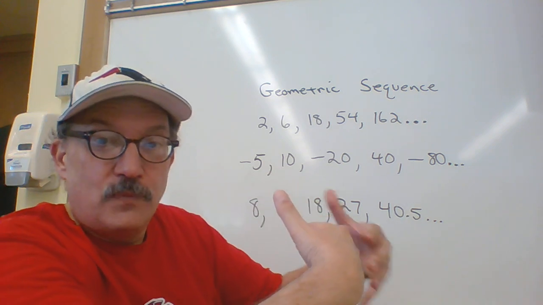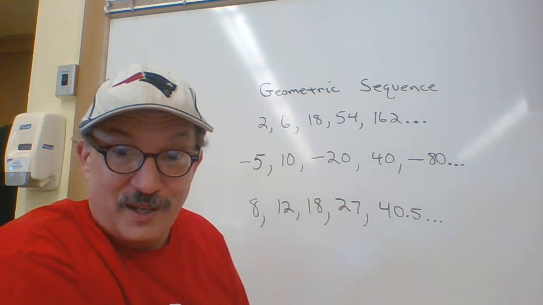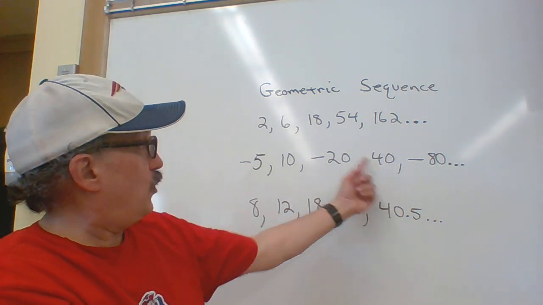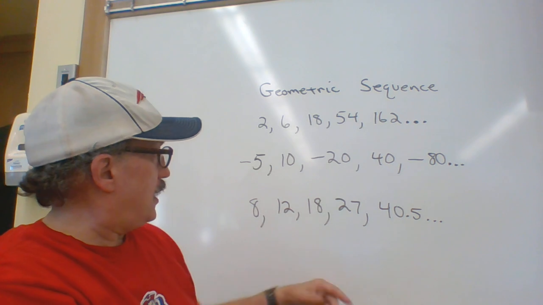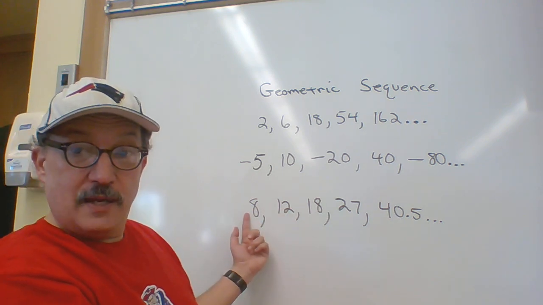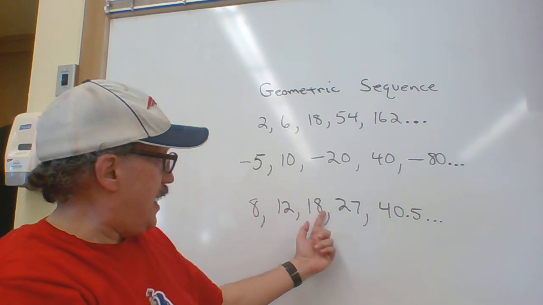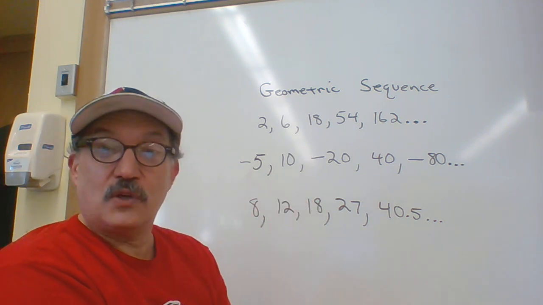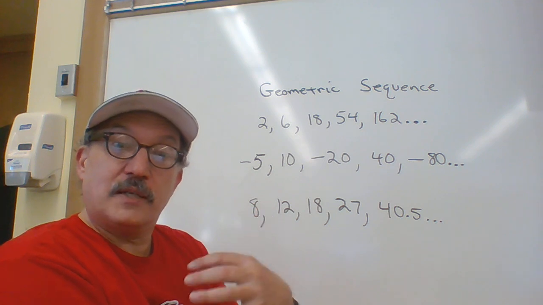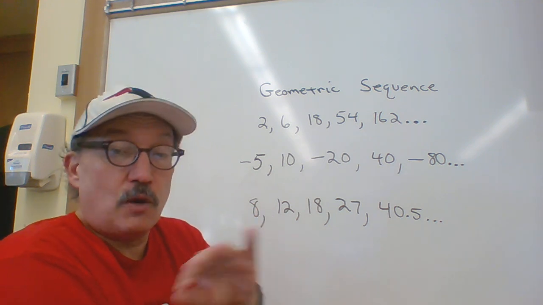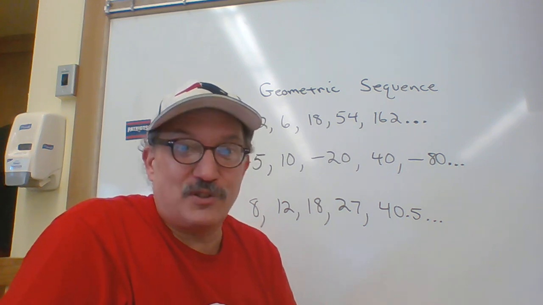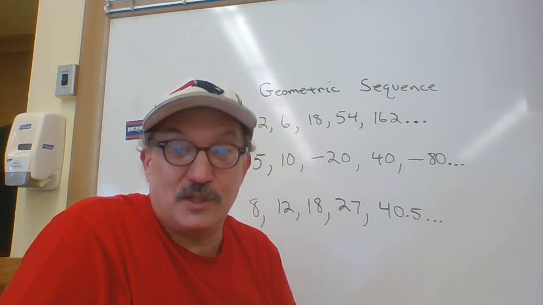That's why those kinds of numbers are called rational, because they can be represented as a ratio of integers, right? 40 over negative 20 is again the negative 2. 12 over 8 is 1.5. 18 over 12, the ratio is 1.5. So when we get to geometric sequences, we will be talking about ratios rather than differences. That's it for geometric sequences for a while.